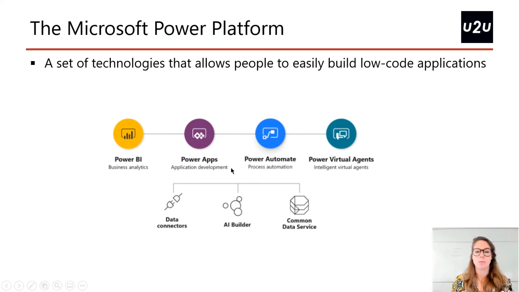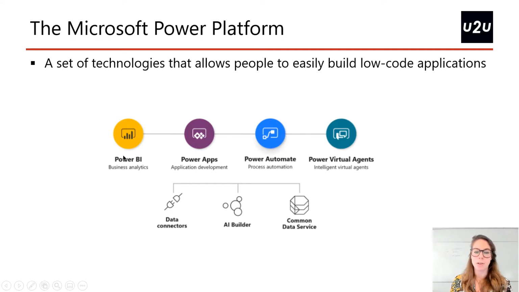PowerApps is a tool to rapidly create applications without a lot of coding needed. Power Automate is a tool to automate business processes, also without a lot of coding. And finally, the Power Virtual Agents to create bots. That's not part of this presentation, but it is part of the Power Platform.